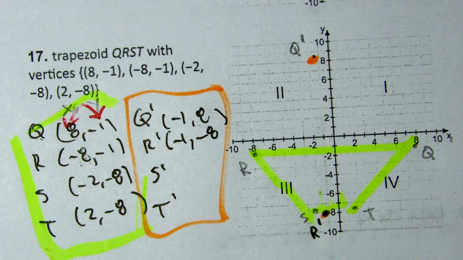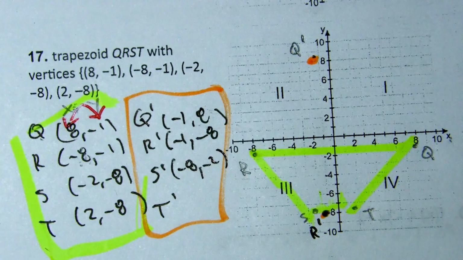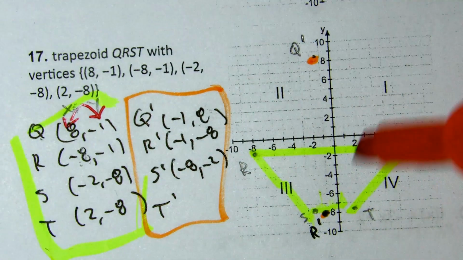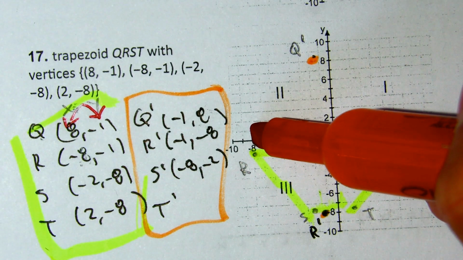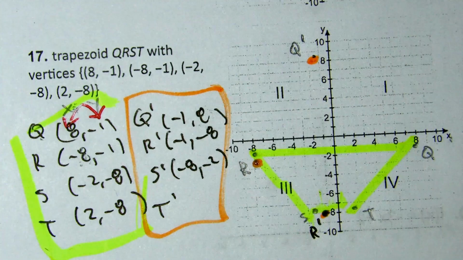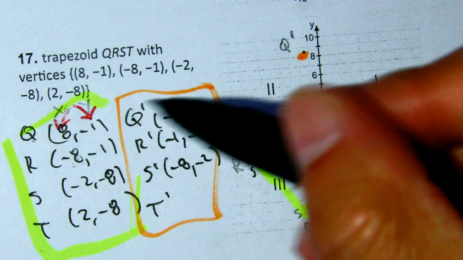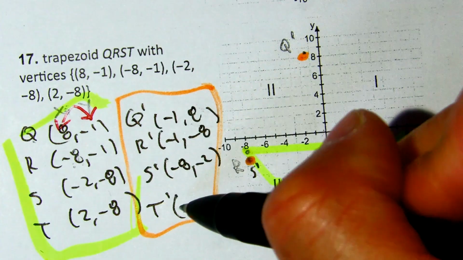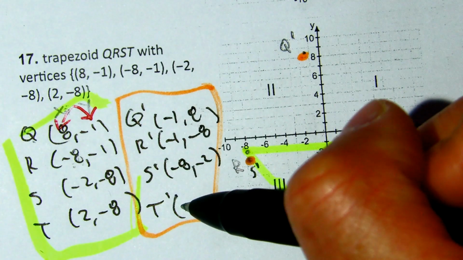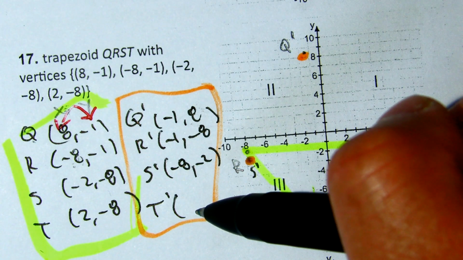S prime? -8, -2. Tell me how to graph that. That point is now S prime. Last one. -8.